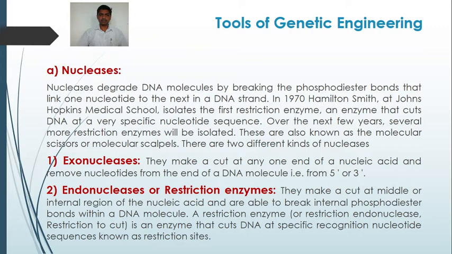So restriction endonucleases make a site-specific cut in the DNA molecule at the middle or internal region of the nucleic acid. Restriction endonucleases are useful in genetic engineering because they cleave the DNA at a specific restriction site.